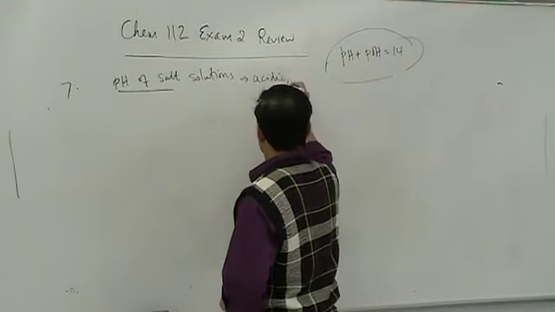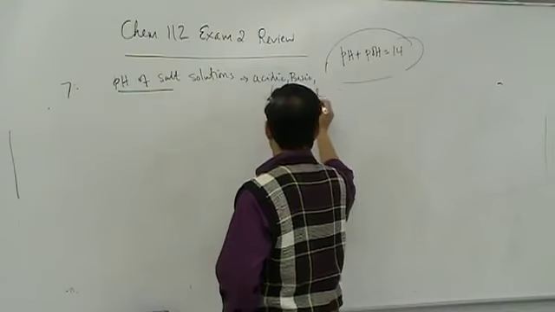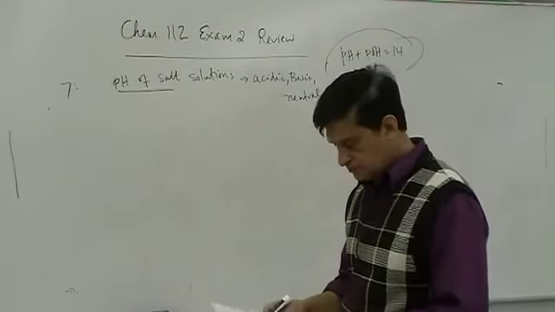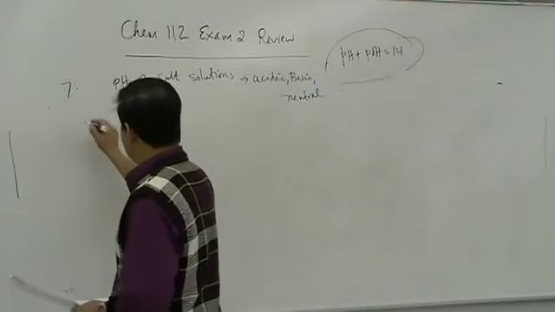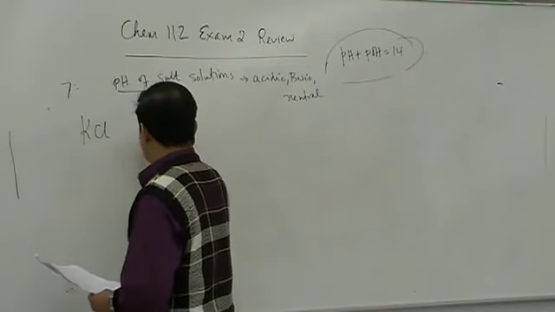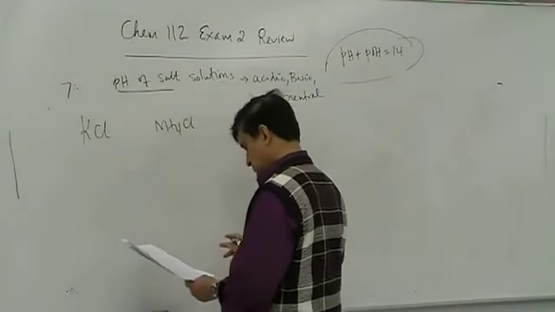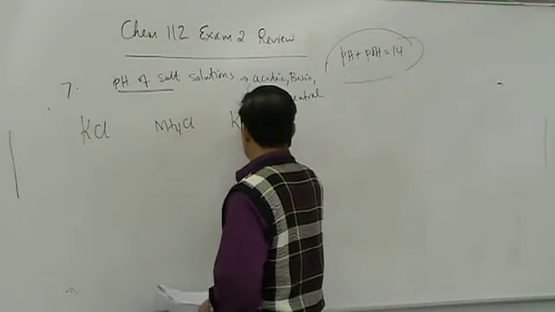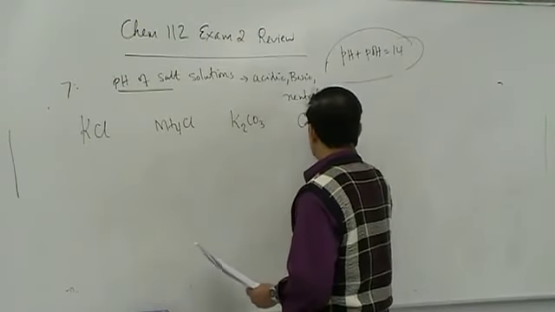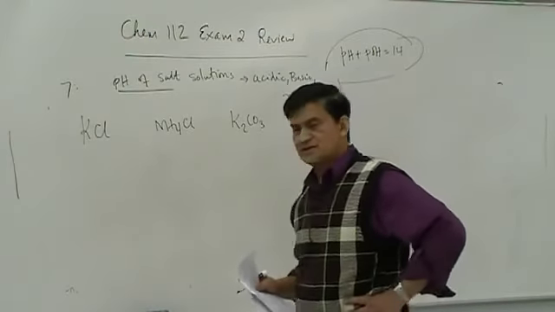Now let me write down a few compounds: KCl, NH4Cl, K2CO3, CaCN2. Say all these compounds are given and they're soluble in water.